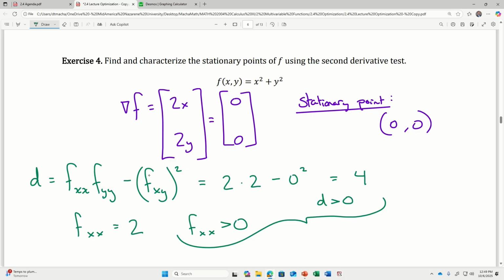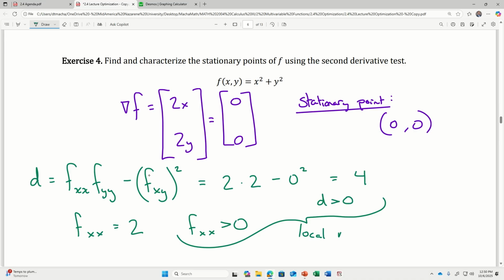And since d is positive, and the second partial derivative with respect to x, or y by the way, you could use y's instead, it's whatever you want. But since both of these are positive, that means it's concave up in both directions, and that means it's a minimum, right?